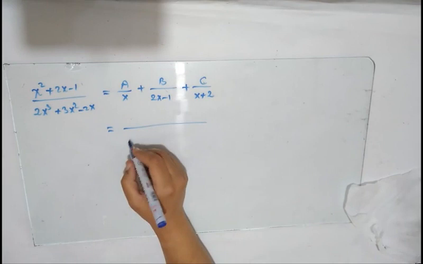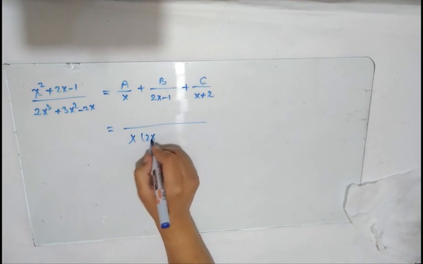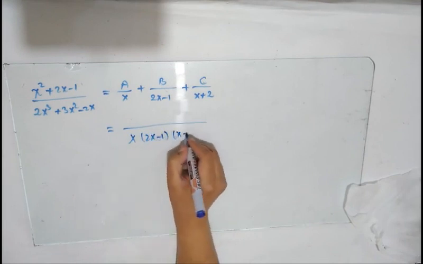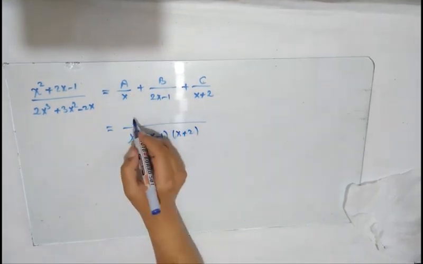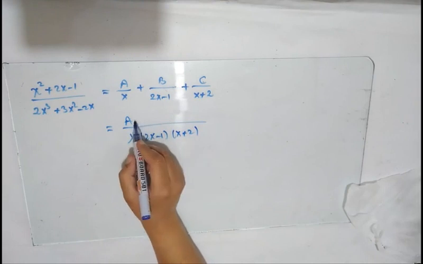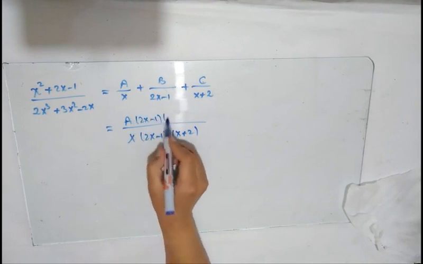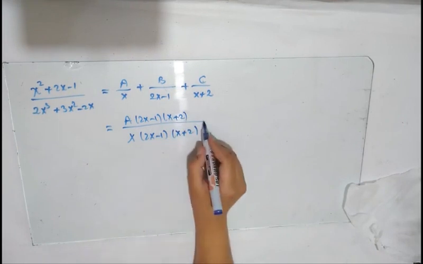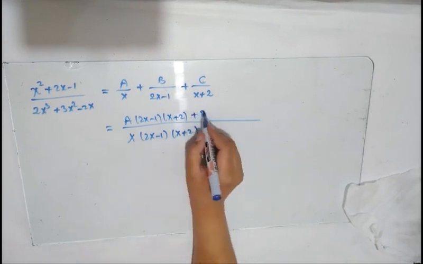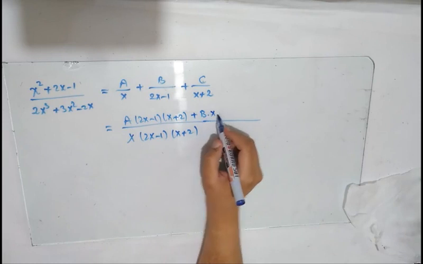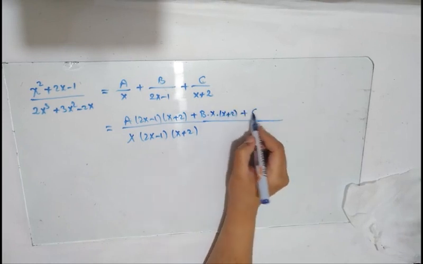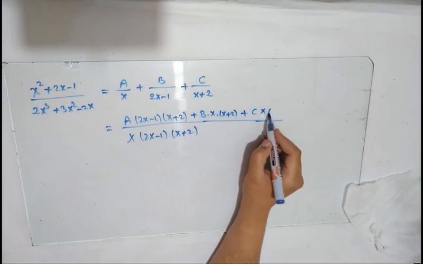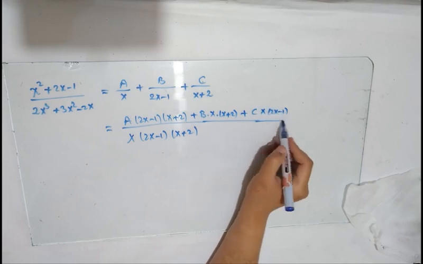So we'll have x times 2x minus 1 times x plus 2, and then in the numerator you will have a times 2x minus 1 times x plus 2, plus b times x plus 2, plus c times x times 2x minus 1.